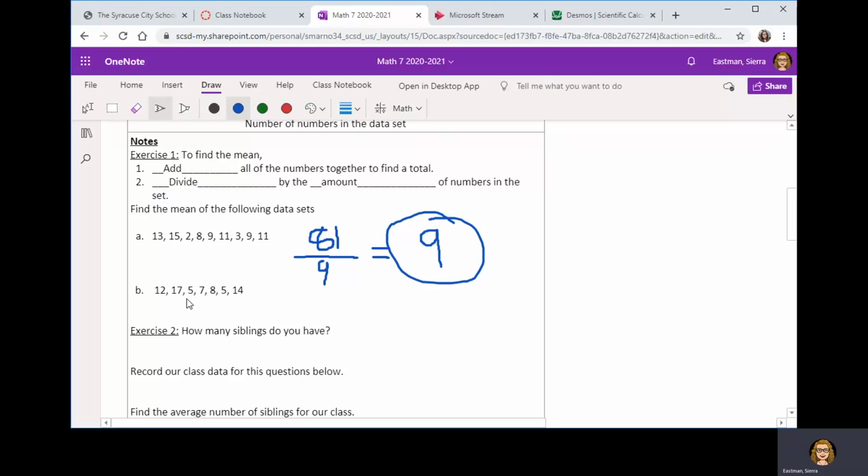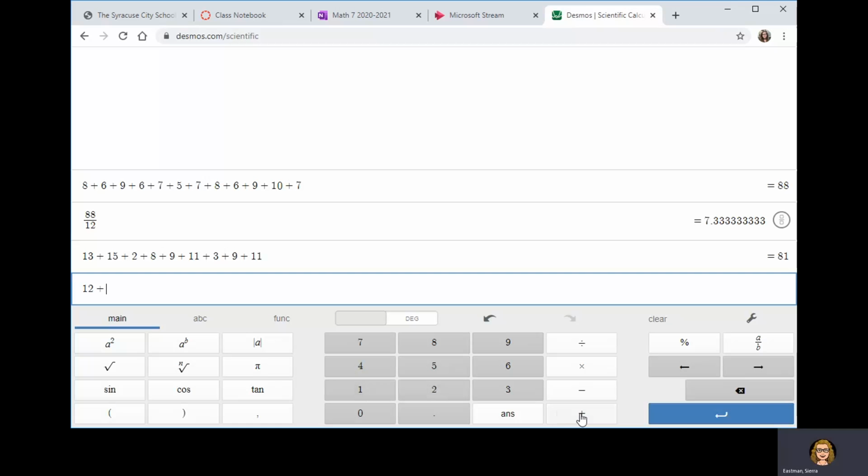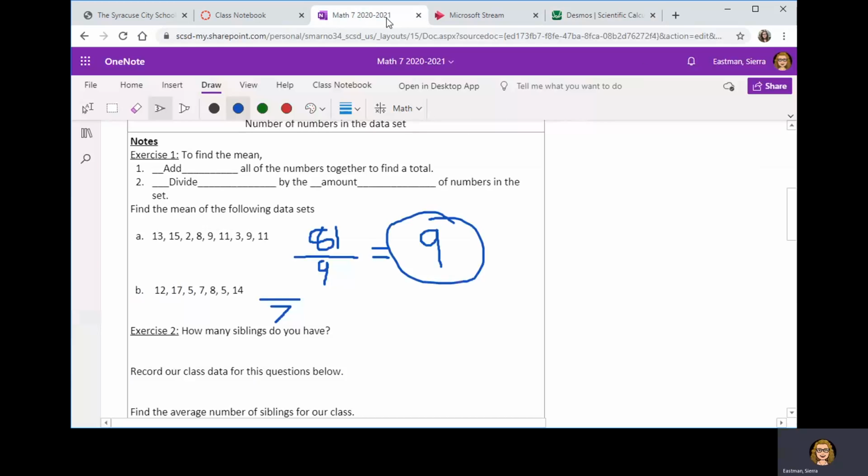Set B, same thing. This time we have 7 numbers to add together. Okay, there are 7 numbers there, so automatically we have that bottom piece. But we need to find our total. 12, 17, 5, 7, 8, 5, 14. Okay, 12 plus 17 plus 5 plus 7 plus 8 plus 5, and a last number, 14.